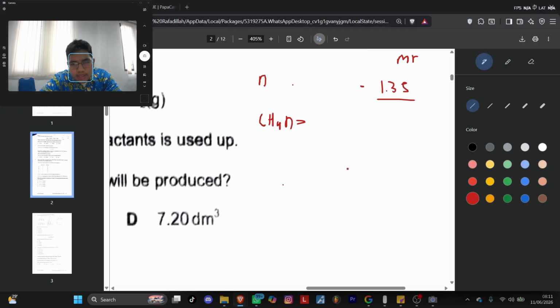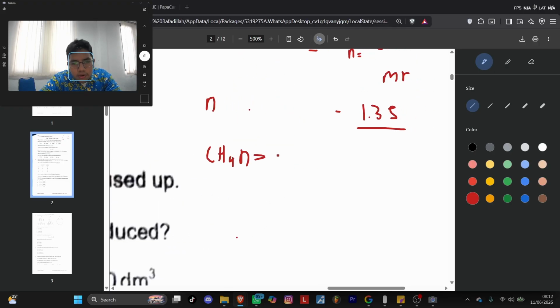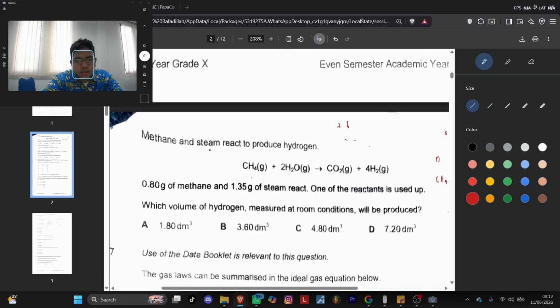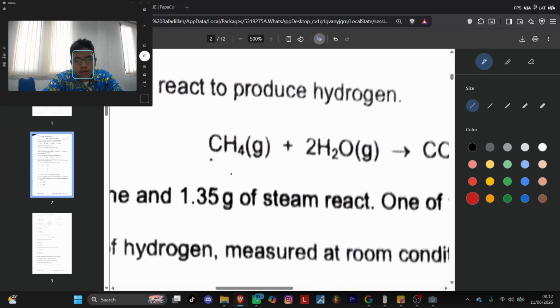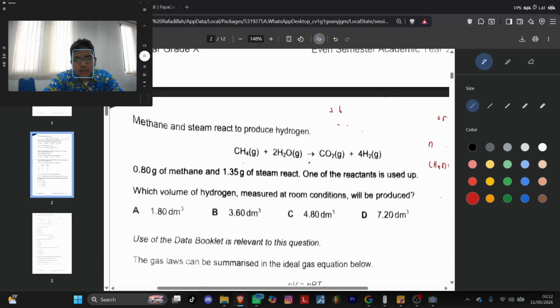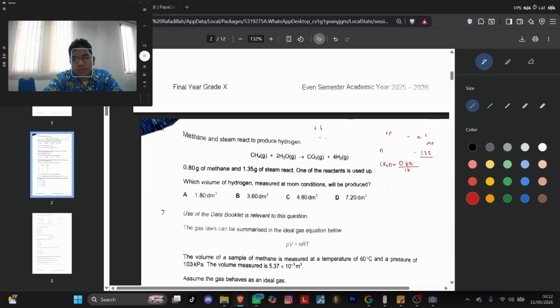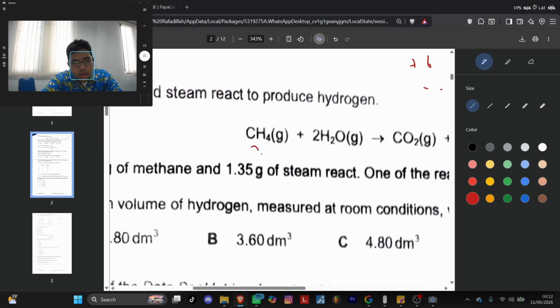This question gives us that CH4 has 0.80 gram in it, and to find the mole we just need the molar mass. The molar mass of CH4 is 16. From this equation, CH4 equals 0.05 mole.